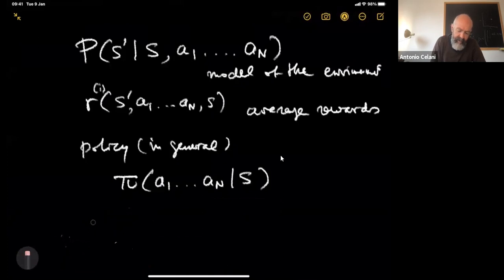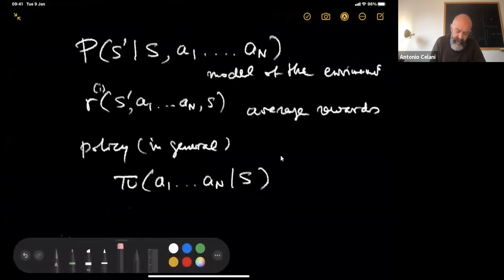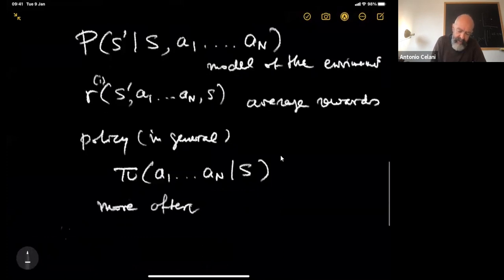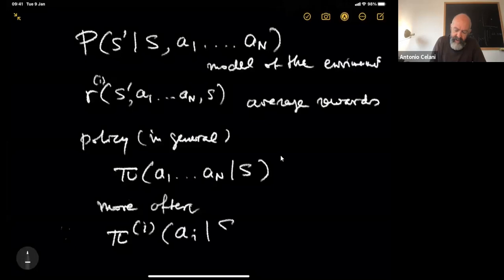So what happens in a more specific situation is that you want to find, more often, a policy for agent i, which picks action a_i depending on the state of the environment.